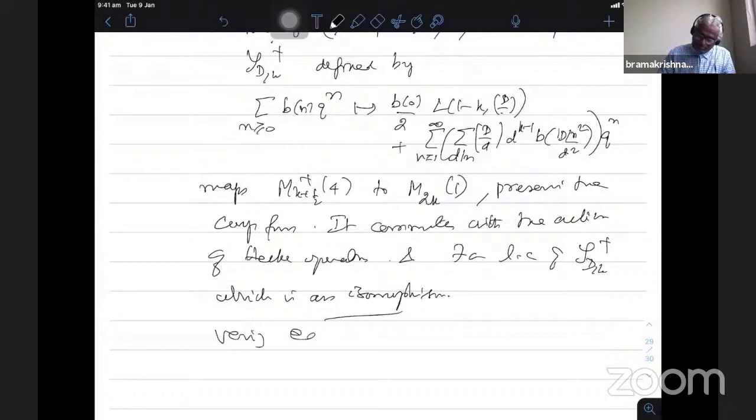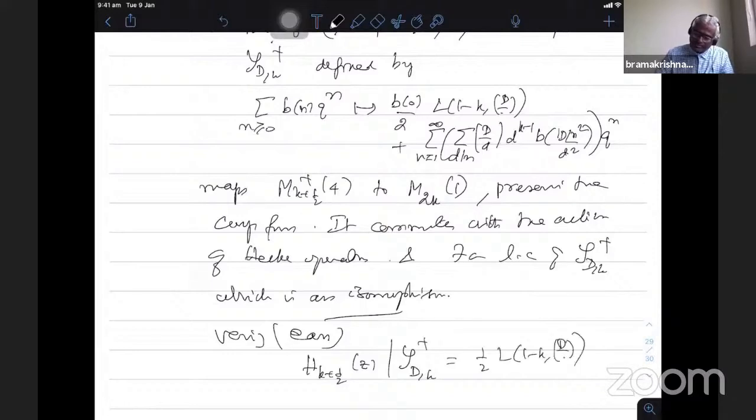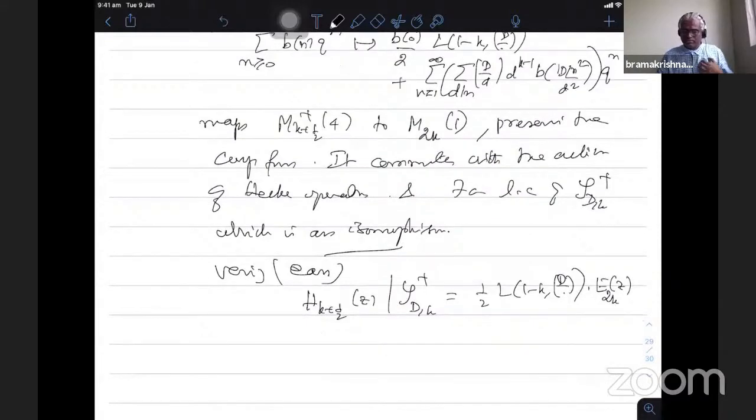It is easy to see that H_{k+1/2} under S_{d,k}^+ is nothing but half times L(1-k, (d/.)), whatever the constant comes out, times the normalized Eisenstein series E_{2k}(z). So the Cohen Eisenstein series under this Shimura-Cohen map. So this is called the Shimura-Cohen map.